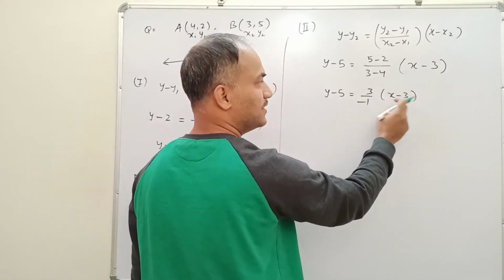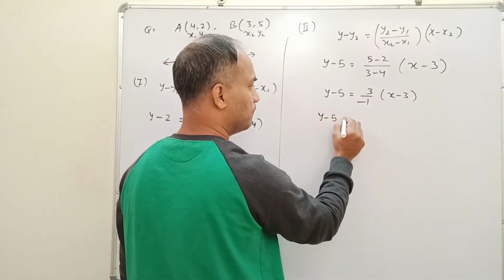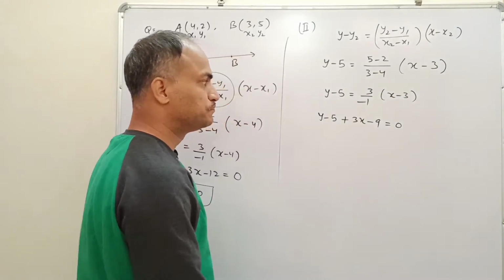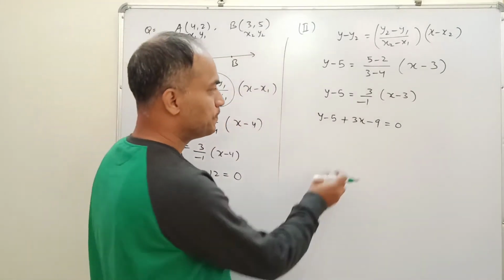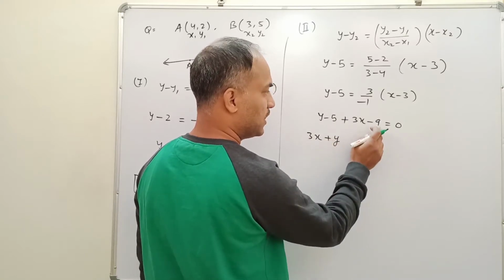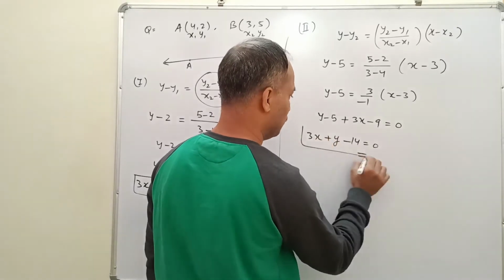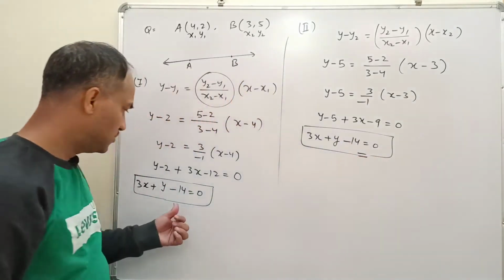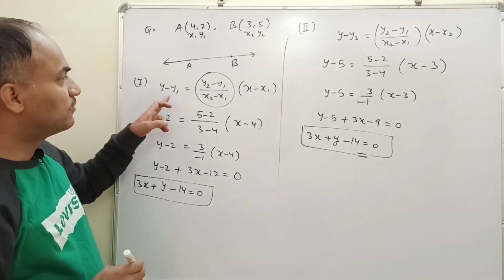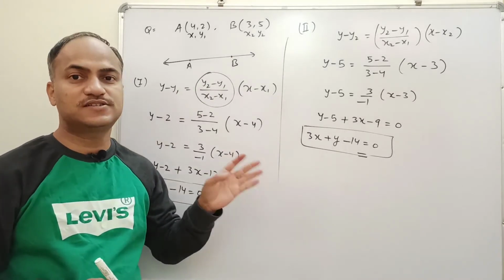This whole term is negative, so let us bring it here. So y minus 5 plus 3x minus 9 equals 0. Now this becomes 3x plus y minus 14 equals 0. Although it looks different, we are getting the same answer. Different formula, different values, but still the same answer.